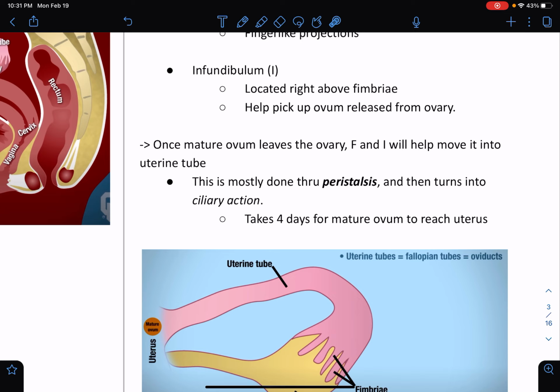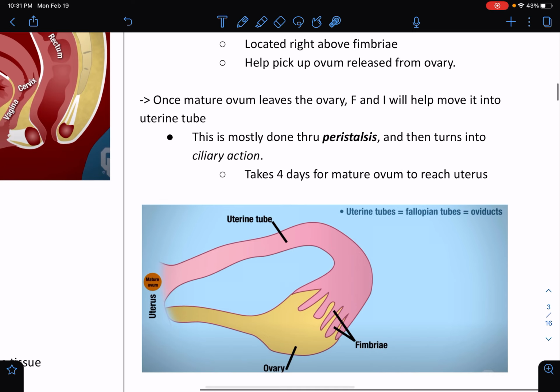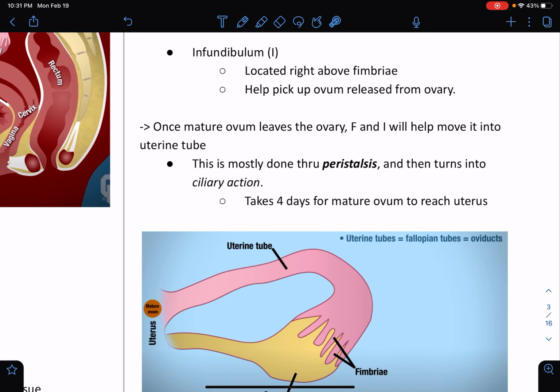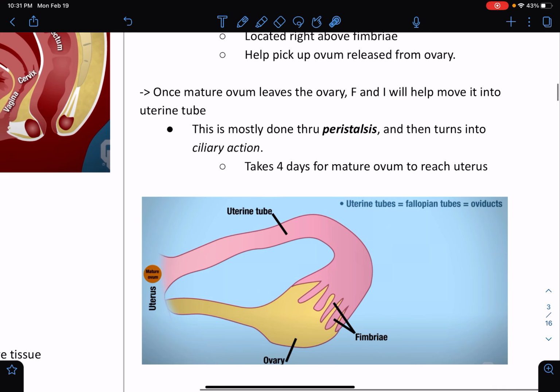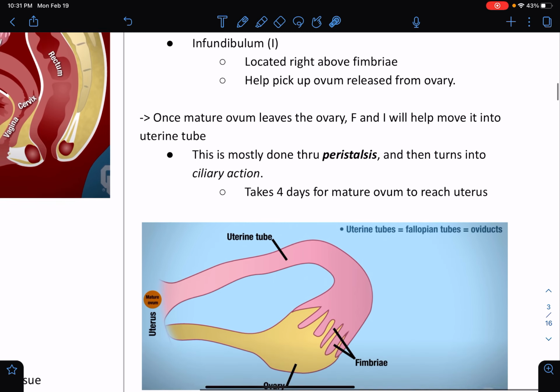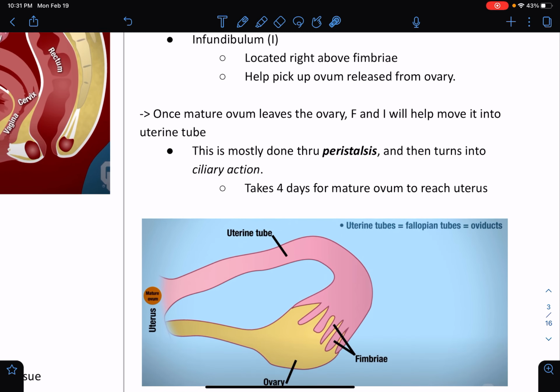This is located right above the fimbriae, somewhere here, and it is intended to help pick up the ovum that's released from the ovary. So once the ovum is mature enough to leave the ovary, the infundibulum is the one that helps pick up the ovum coming from the ovary.